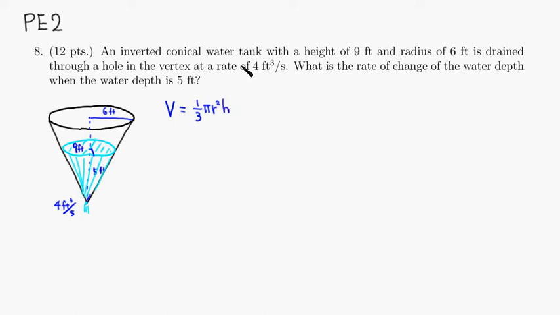Let's give it a variable here: the depth of the water. I don't want to use d because it's confusing with the derivative, so I'm going to use h like a height. So this is h right here. Once you know h, we can find the expression for the radius, and the radius is r right there.